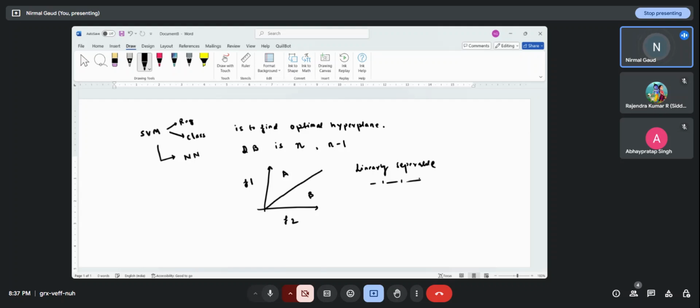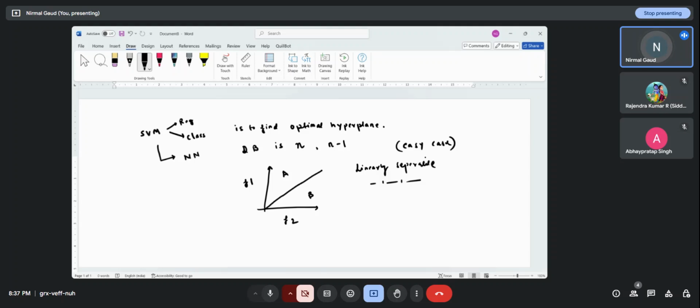We have two classes here, class A and class B. Such kind of data is said to be linearly separable. It's an easy case.